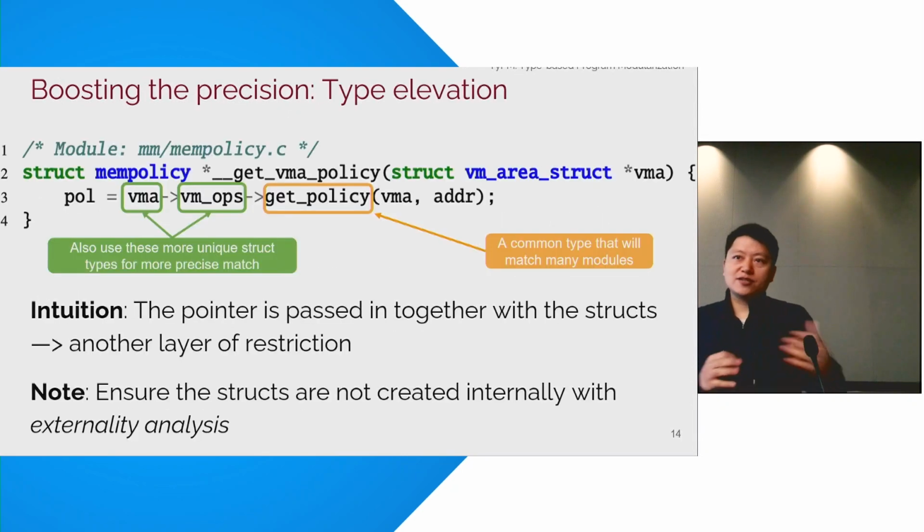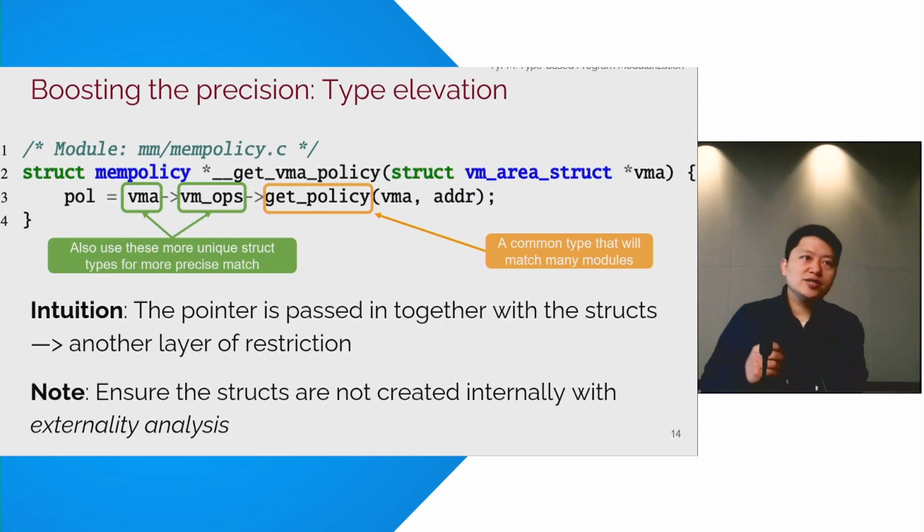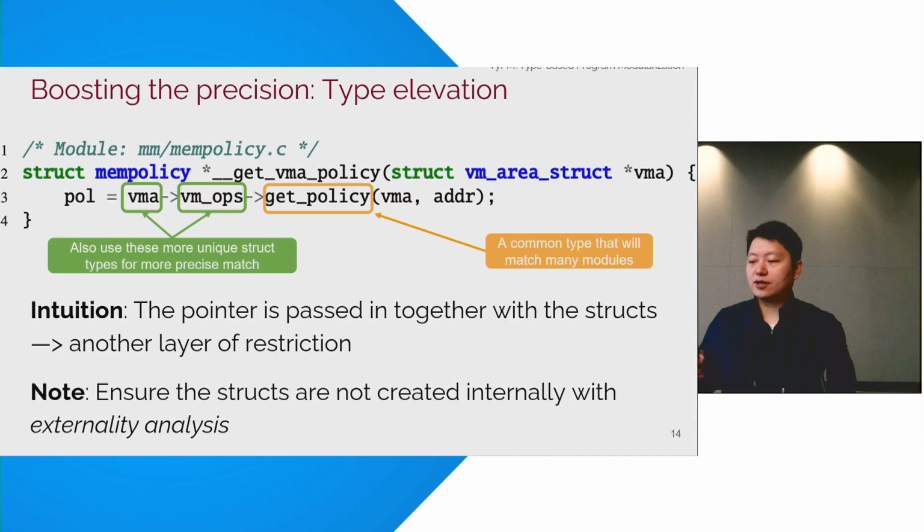After addressing these technical challenges, we also made an optimization called type elevation to significantly improve the precision. Here we have an example. We want to perform the dependence analysis for the function pointer get_policy. However, as you can see, the function pointer is passed in together with its parent structs, VMA and VMOPS.